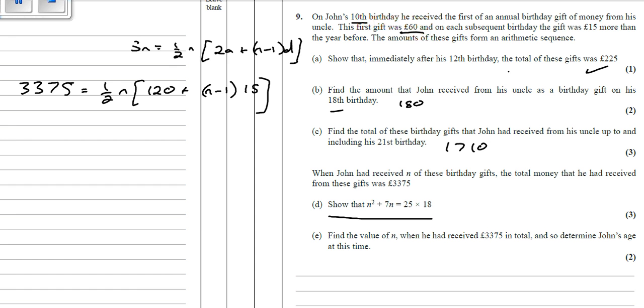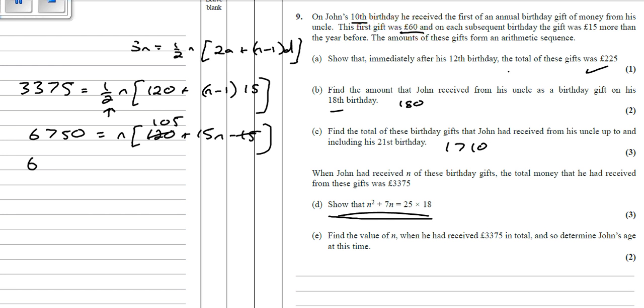Then we're going to multiply that out and simplify it so it looks like this thing here. Because we've got the half there, it's worth timesing the other side by 2. So that's 6,750 equals n, 120 plus 15n minus 15. So 120 minus 15 is 105.